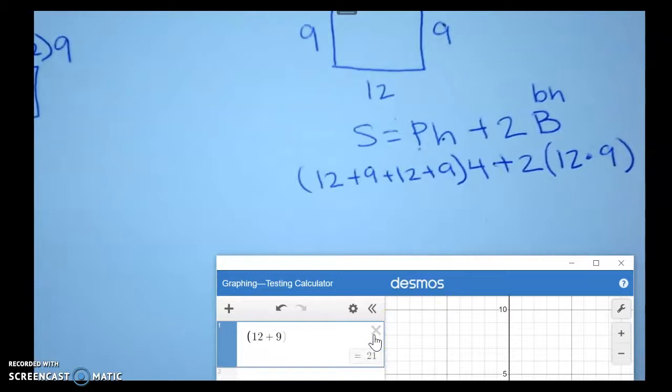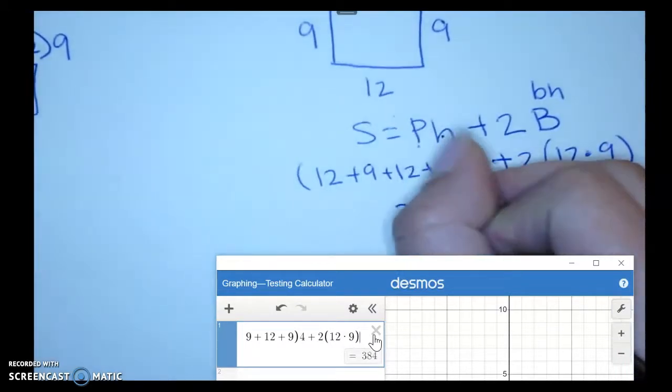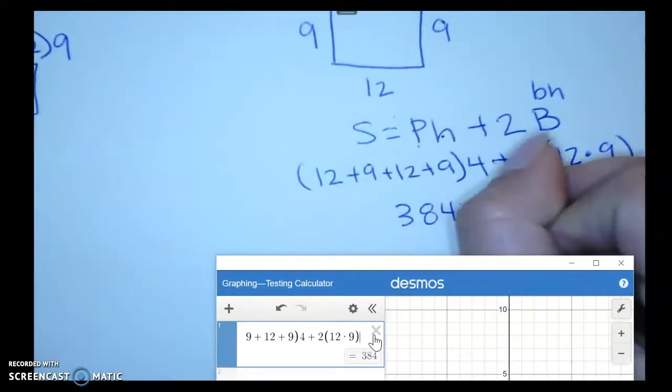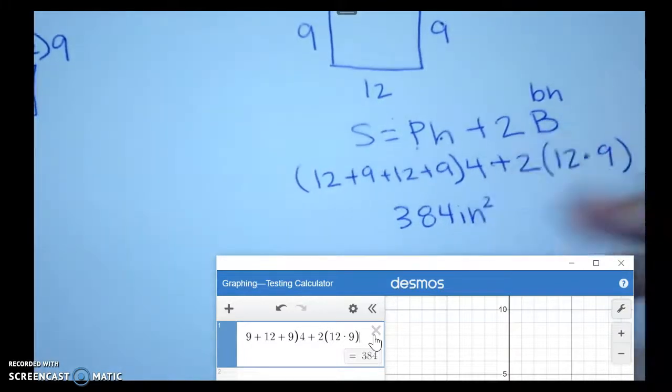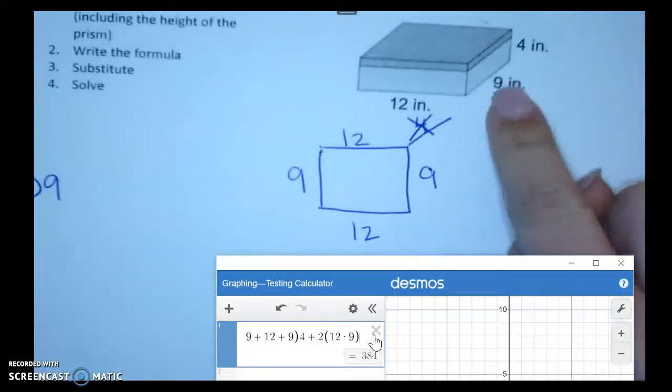You can type all of those things in the calculator. And I got 384. This is inches squared. I just got my units from up here.